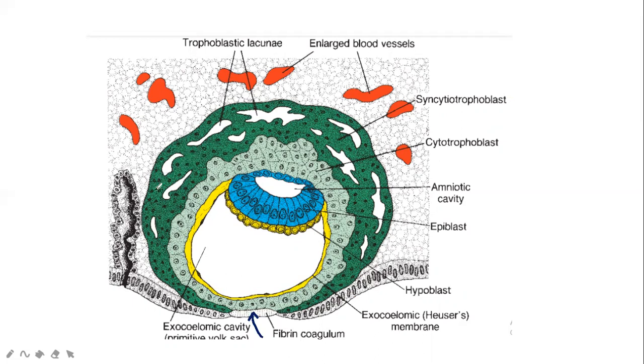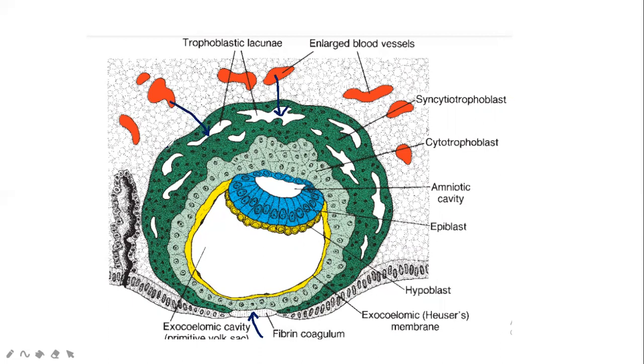Can you see it's all multinuclear? It's like one big structure with many nuclei. And what you see is that it corrodes the blood vessels, and these blood vessels will then start leaking. Within the syncytiotrophoblast, we see spaces called the lacunae, and this blood will come and fill the lacunae.